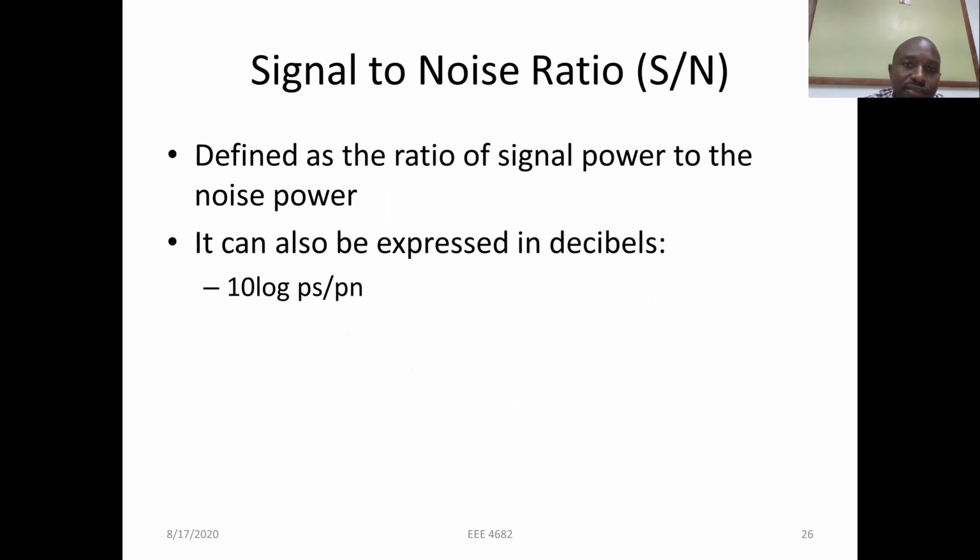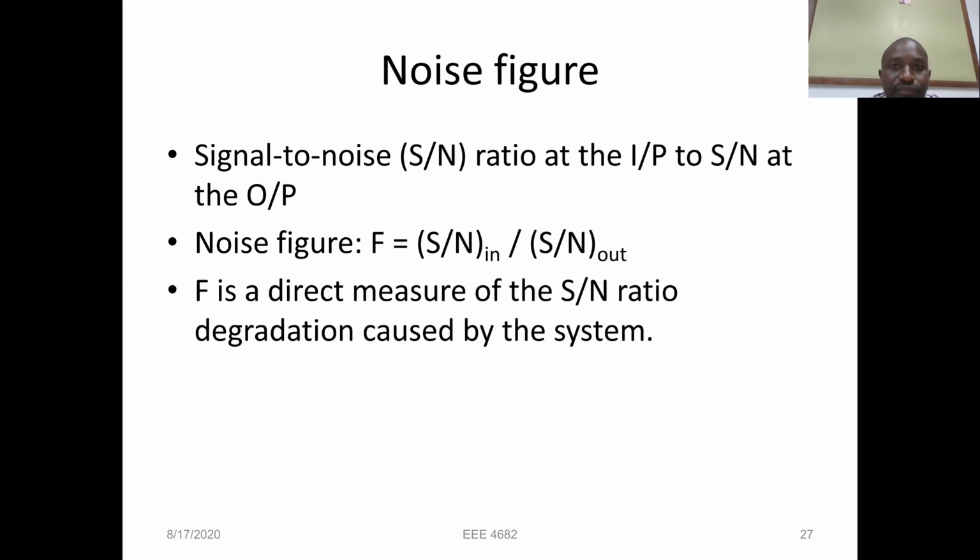Signal to noise ratio is defined as the ratio of signal power to the noise power. It's a measure of how much noise there is in the wanted signal. So if we know the noise power and the signal power, their ratio expressed in decibels gives us 10 log PS over PN, which is the signal to noise ratio.